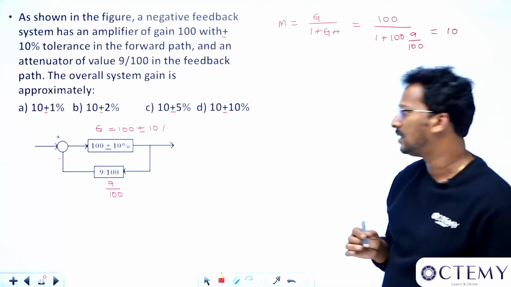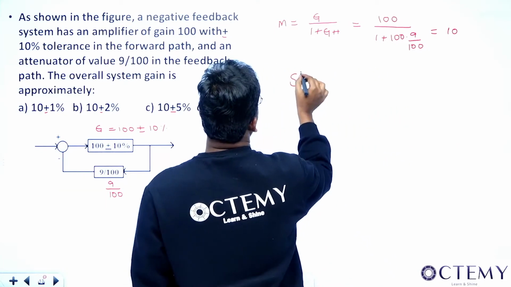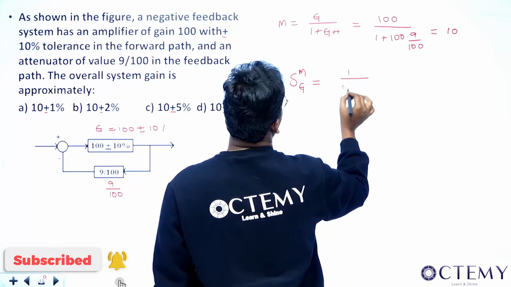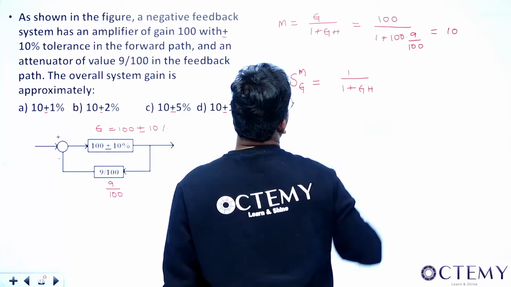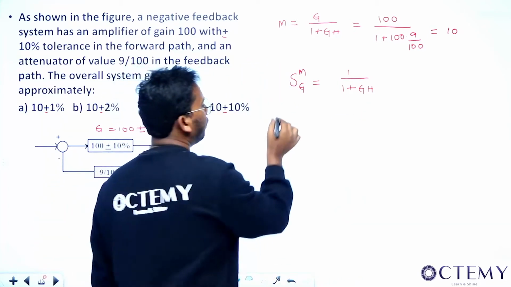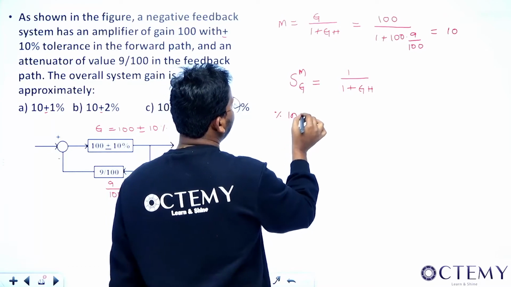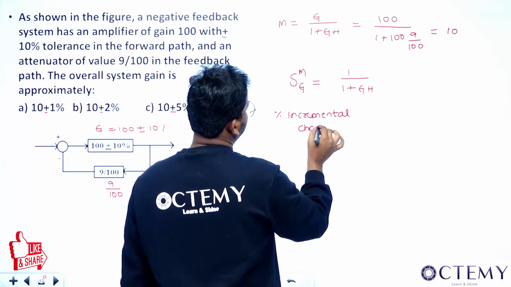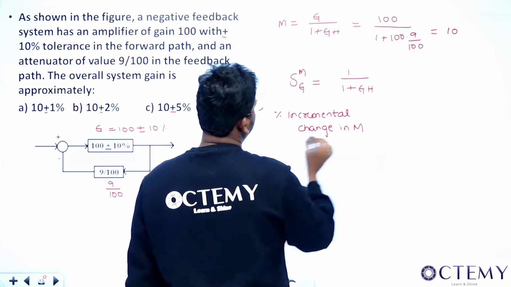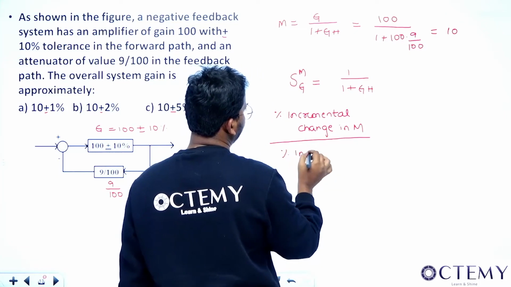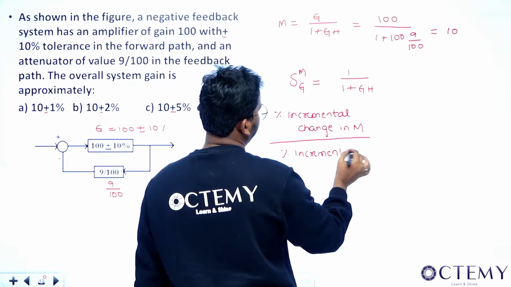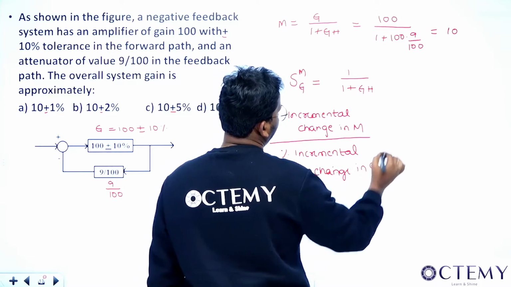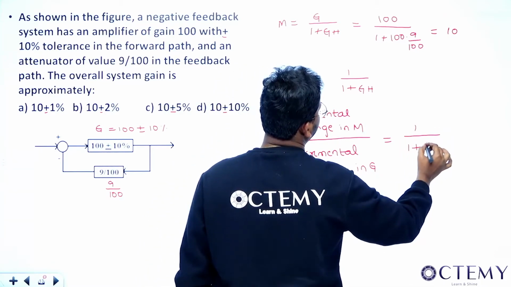Now we have to see the sensitivity. We know that the sensitivity of M with respect to G in a negative feedback system is equal to 1 by 1 plus GH, isn't it? But what is the basic definition of sensitivity? The basic definition of sensitivity is percentage incremental change in M divided by percentage incremental change in G, is equal to 1 by 1 plus GH.